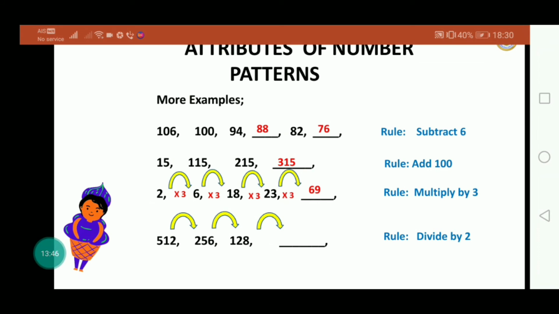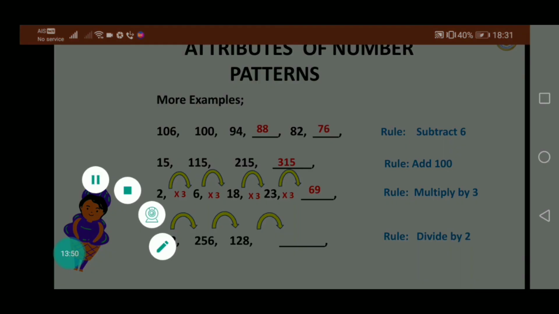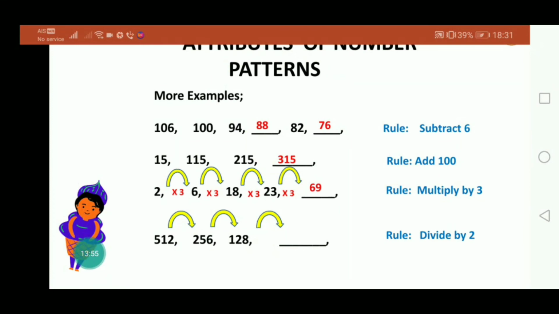And 256 divided by 2 is equal to 128. Now 128 divided by 2 is equal to 64. And that is the rule.